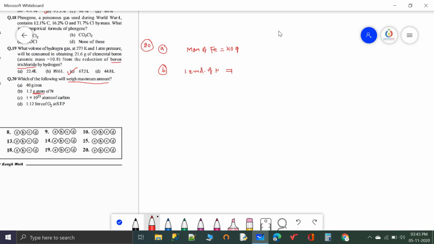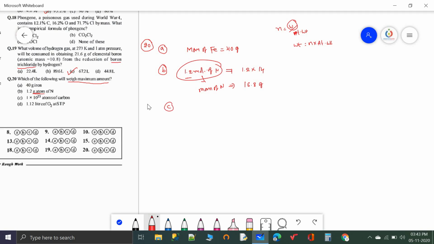We know that number of moles equals weight by atomic mass in the case of atoms. So weight equals number of moles into atomic weight. So 1.2 into atomic mass of nitrogen, which is 14. Mass of nitrogen equals 1.2 into 14, that is equal to 16.8 grams.